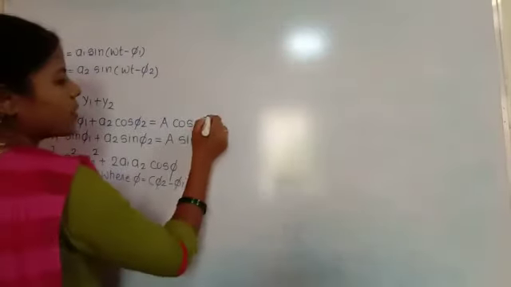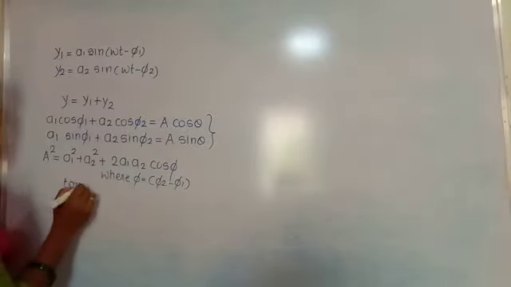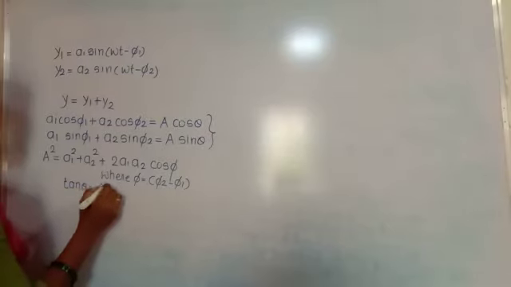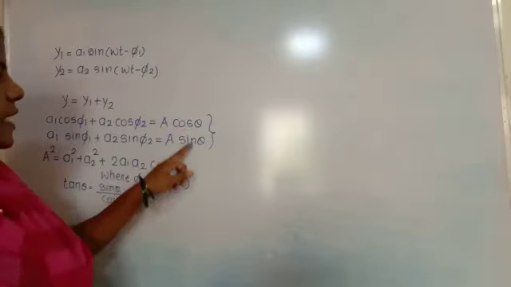By using these two equations, we can calculate theta, that is tan theta. We know that tan theta is equal to sin theta divided by cos theta, and we have the values of cos theta and sin theta.